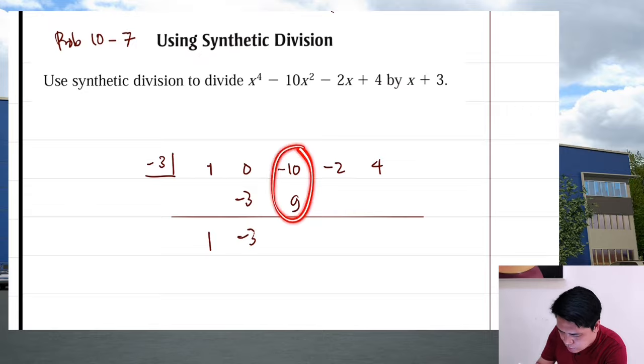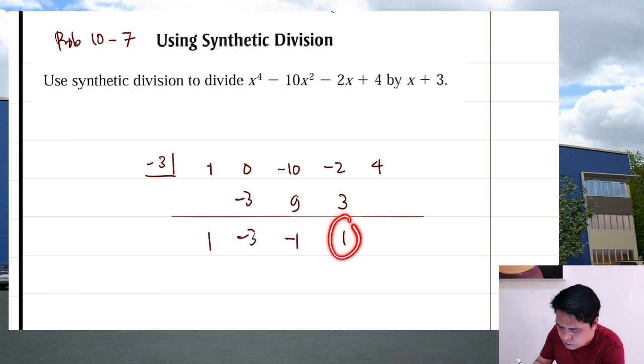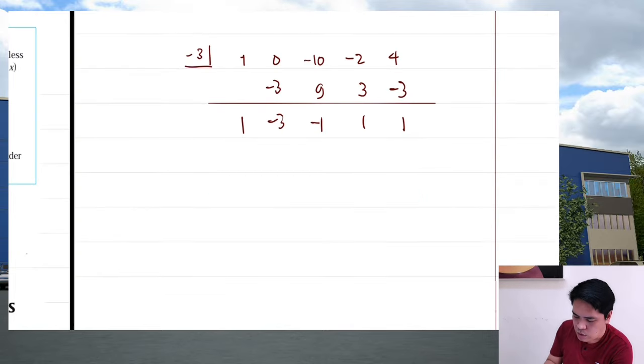Then we add, that would be negative 1. Then we multiply again, that would be positive 3. Then we add, that would be 1. Then we multiply again, so ganun lang yung process, that would be negative 3. Then we add, finally, that would be 1. Okay.